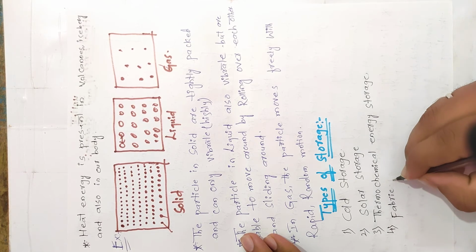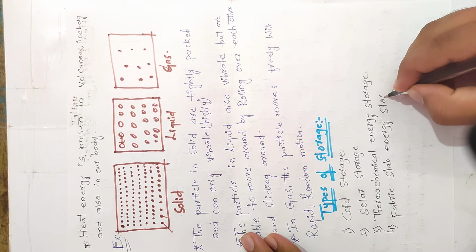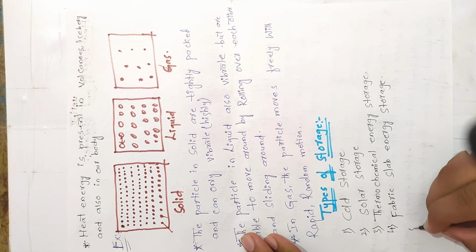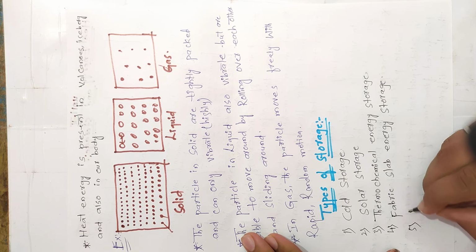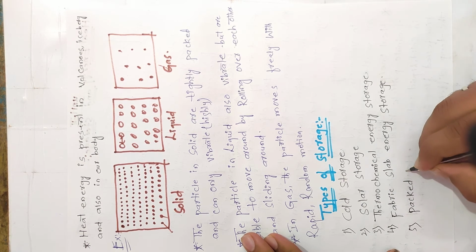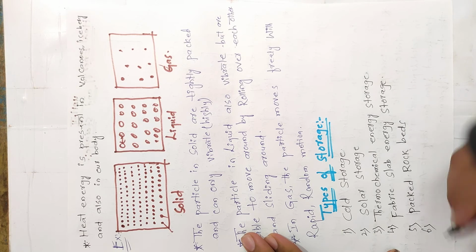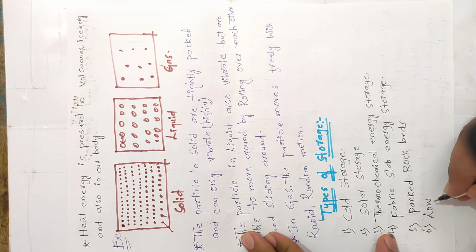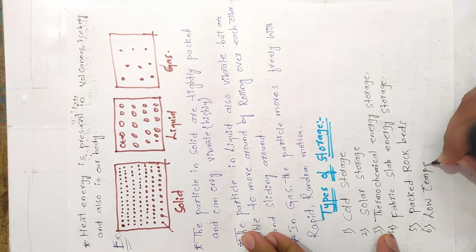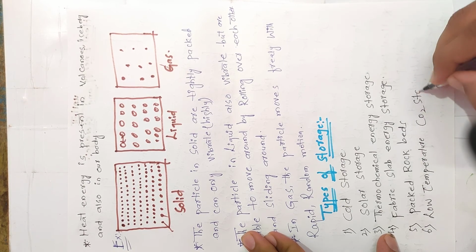Another one is packed rock beds. And sixth one is low temperature carbon dioxide storage system.